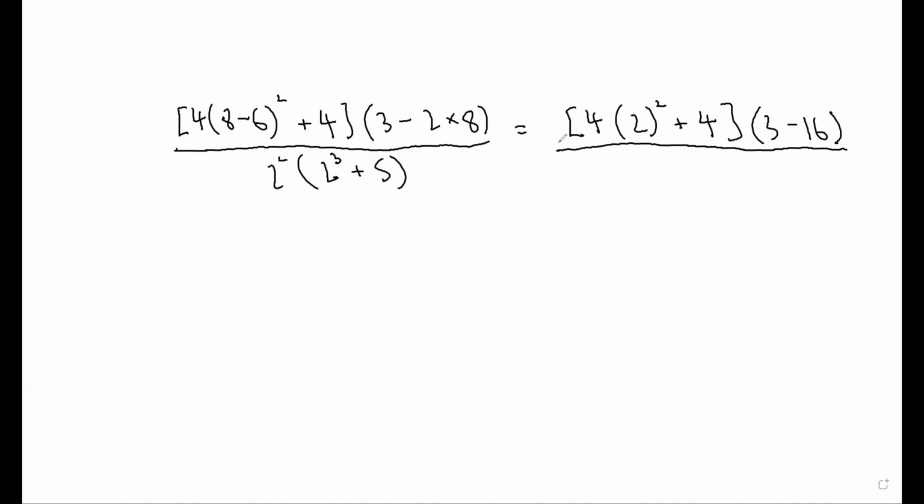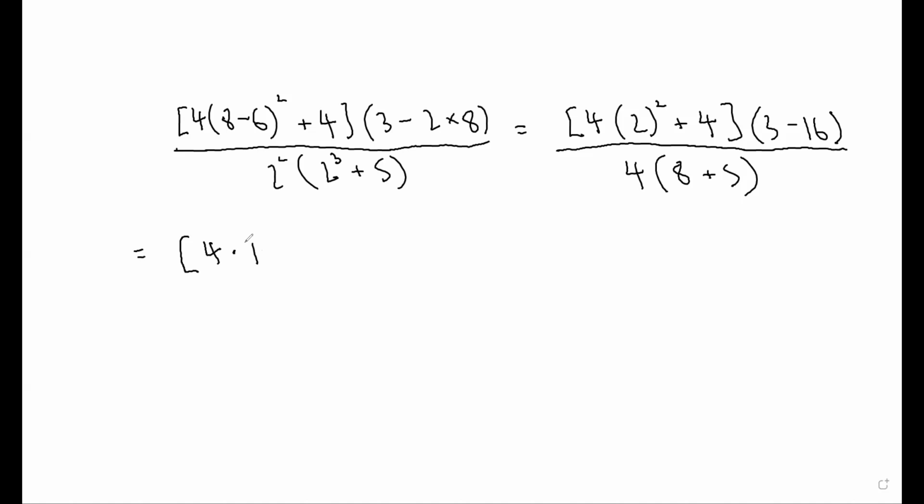And now let's do some of the bottom numbers. For the bottom, there's a couple of things we can do. 2 raised to the 2 is 4. Bracket, and then within the brackets, 2 raised to the 3 is 8. So that's 8 plus 5 in the brackets. And then you just keep going and just kind of keep cycling through BEDMAS and keep simplifying it. For the top, we can simplify the exponent that is in there. So square bracket, 4 times, and that would be 4 times 4.